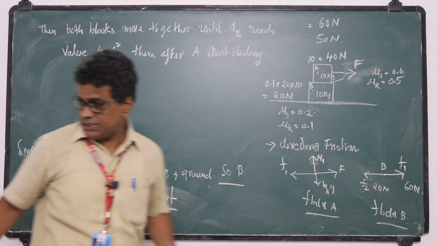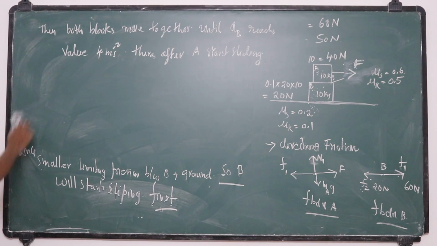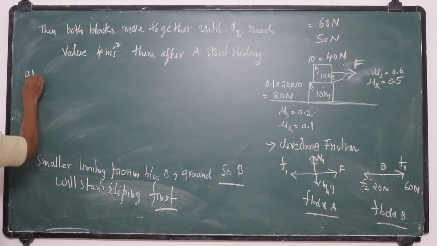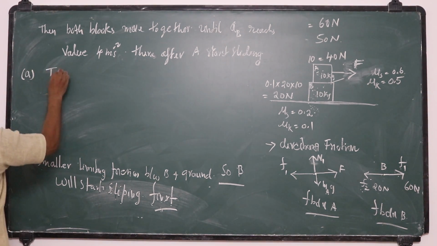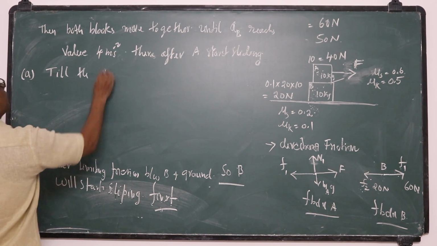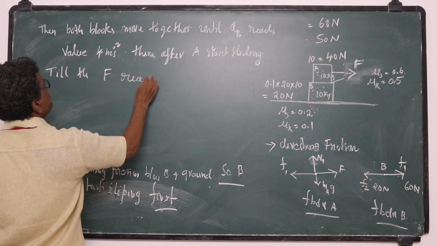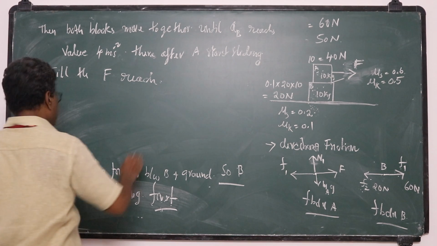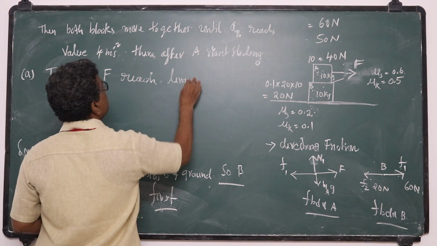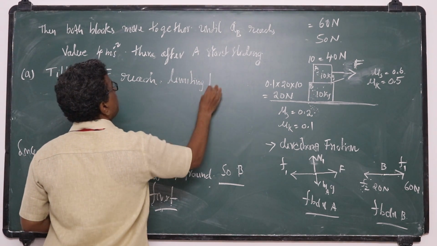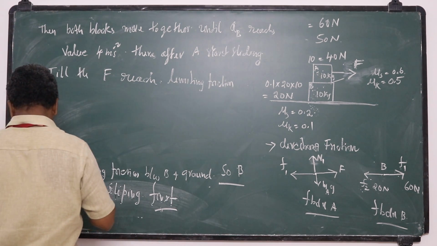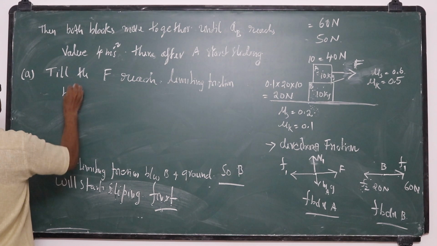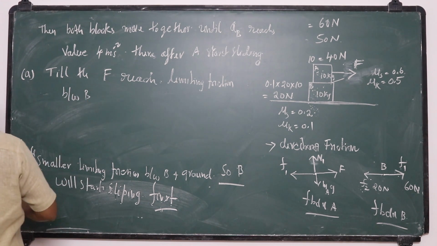So the first one is A. Till the F reaches limiting frictional force, limiting friction between B and ground.